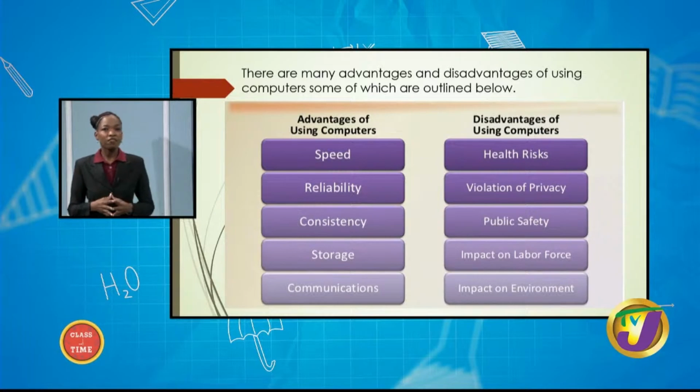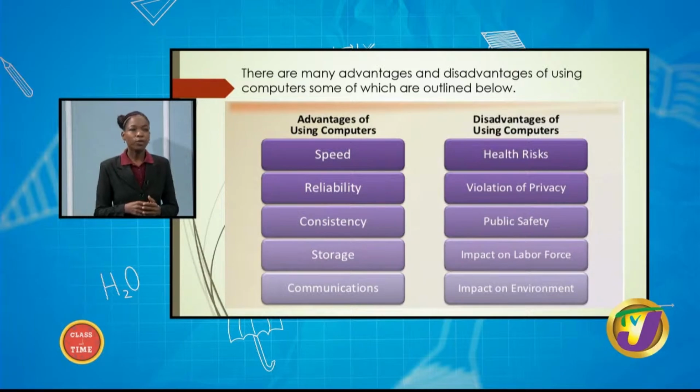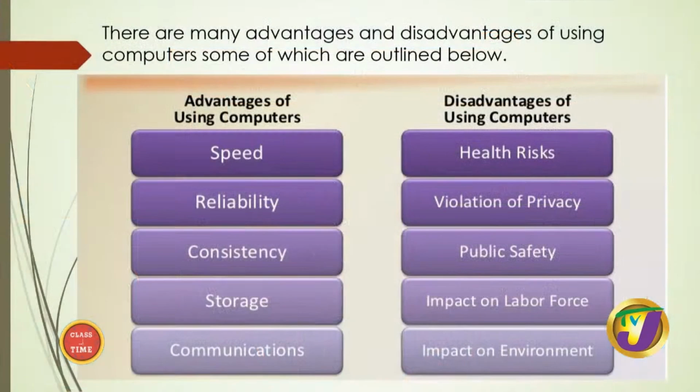Now, there are many advantages and disadvantages of using a computer system. These advantages and disadvantages will vary from business to business or from person to person. The advantages of using the computer system is that it has speed and power, and it is very reliable. Once the information inputted is reliable, then the information will remain consistent.